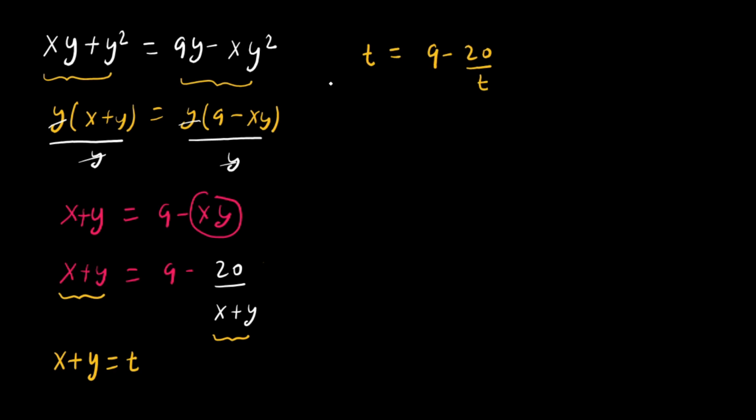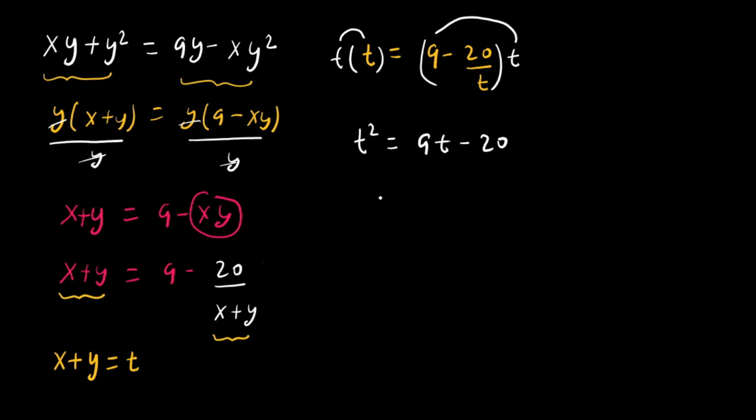If we multiply both sides by t, on the left t times t is t square, and on the right t times 9 is 9t, minus 20 over t multiplied by t, which gives 20. If we take all the expressions to the same side, then t square minus 9t plus 20 equals 0. This is a quadratic equation in terms of t.